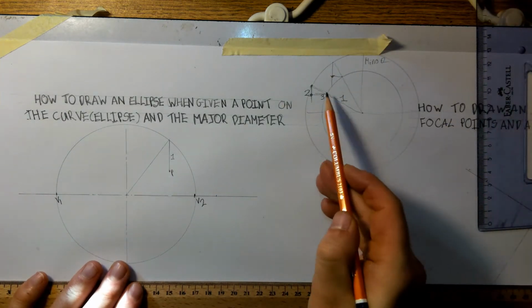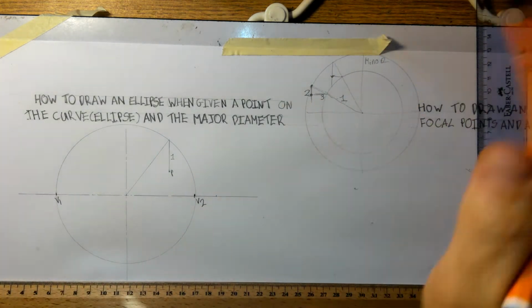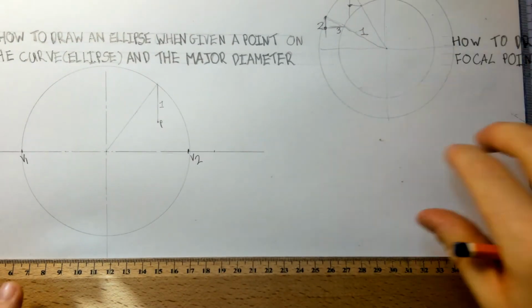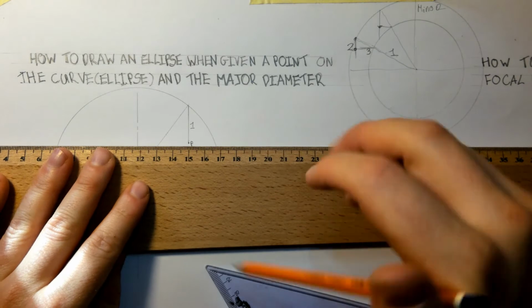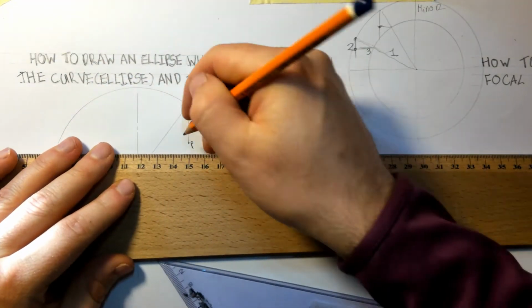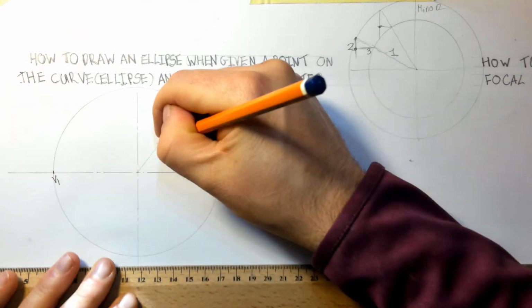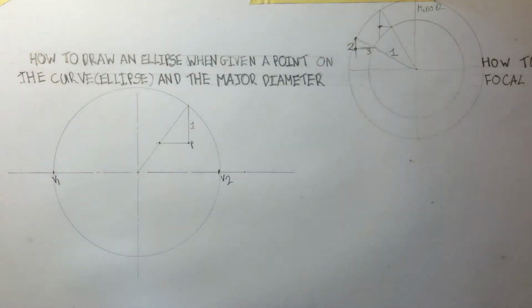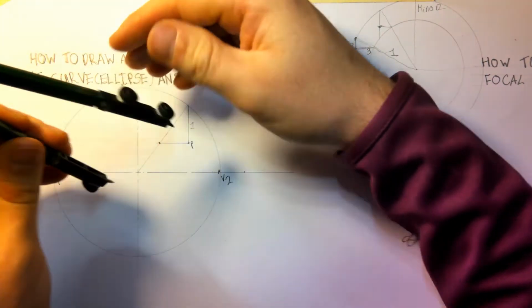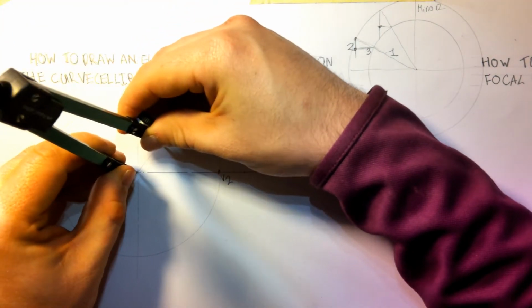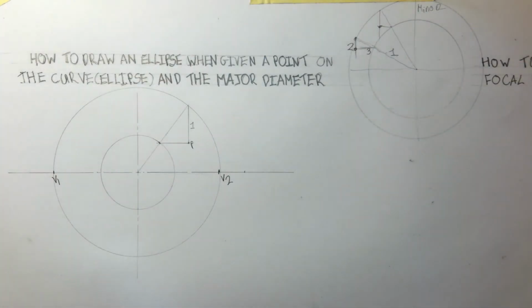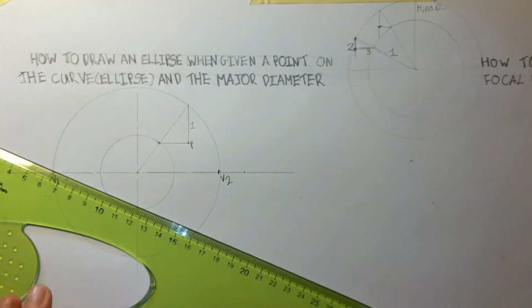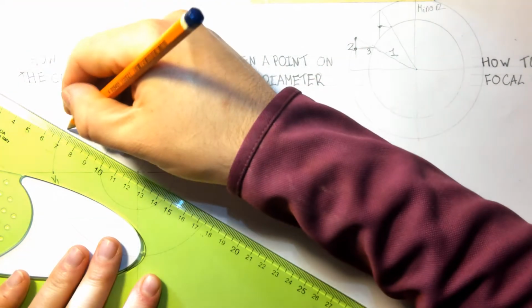Okay, and then we're going to go backwards from here. From P we're going to go parallel to the major axis towards the middle. And there you have your point on your minor circle. Then you can draw in the circle, you can divide it up then into 60-30, and you're away then.